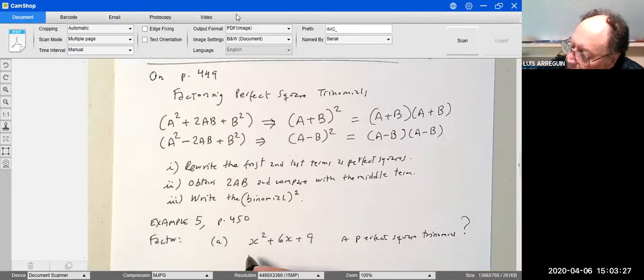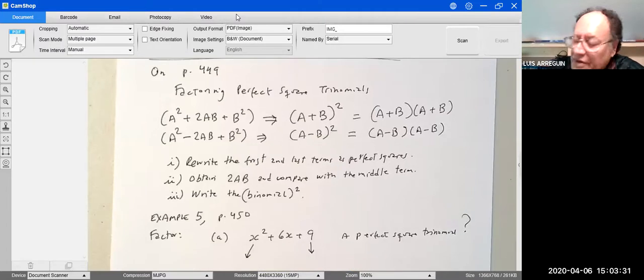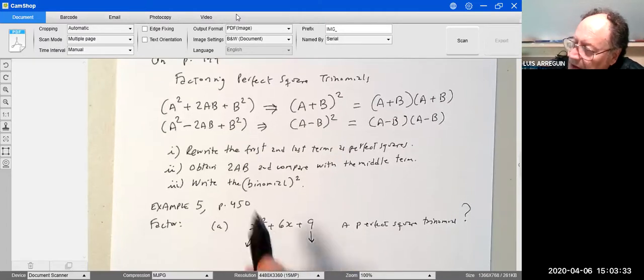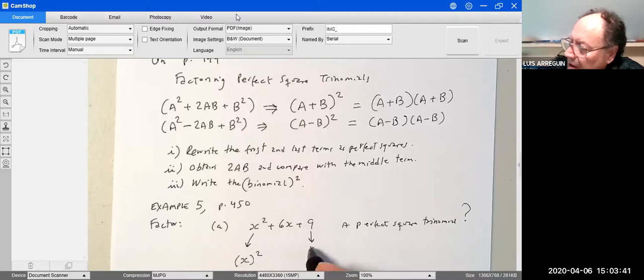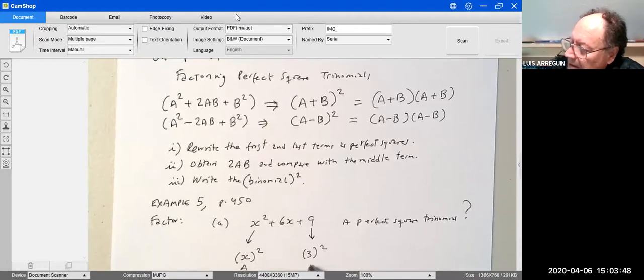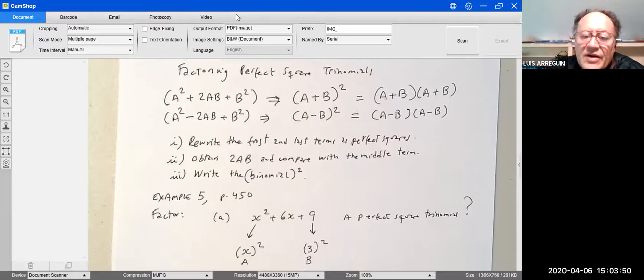Let's check. I'm going to rewrite the first and the last term as perfect squares. We did that before for the previous example. What is the way that you write x squared as a perfect square? You just have x squared. How do you write 9 as a perfect square? You write 3 squared. So a is x, b is 3.